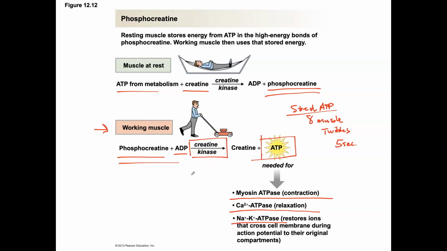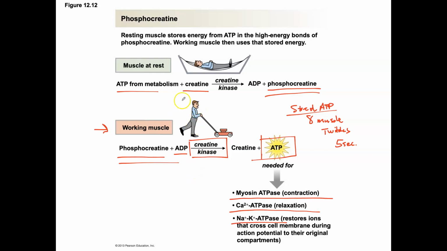And this enzyme is creatine phosphokinase, or also called creatine kinase. What this particular enzyme is doing is it's catalyzing the forward or reverse reactions when the muscle is either at rest or when the muscle is working, so that you can either create phosphocreatine or break phosphocreatine down.